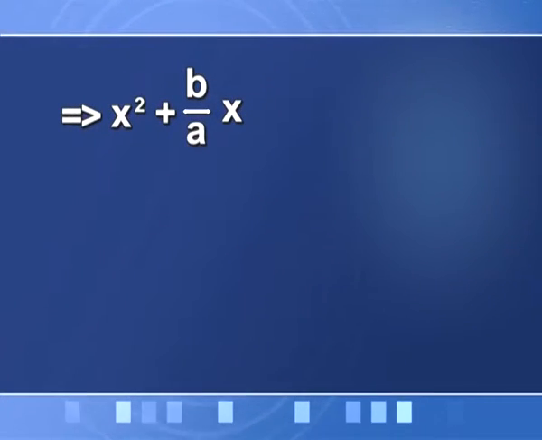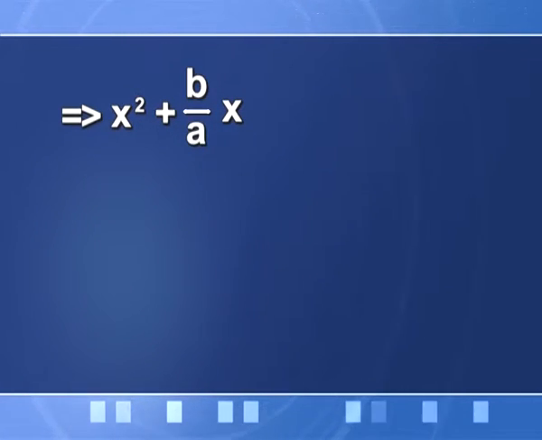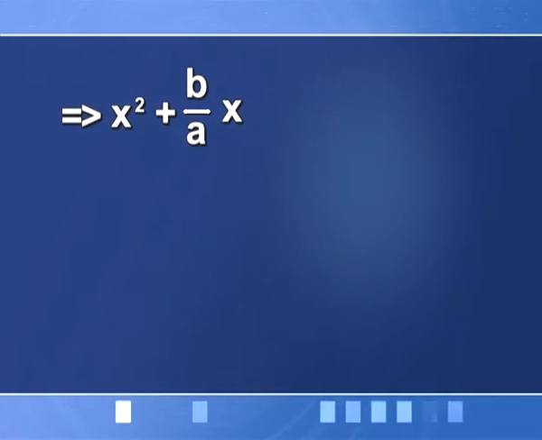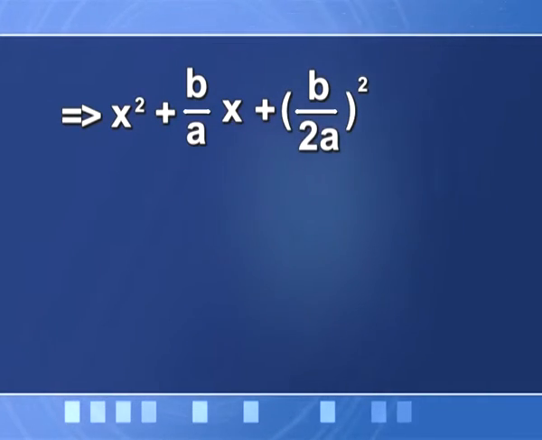Now, I want to complete the square on the left hand side. I take half the coefficient of x in the equation x² + (b/a)x. Half the coefficient of x will be b over 2a.